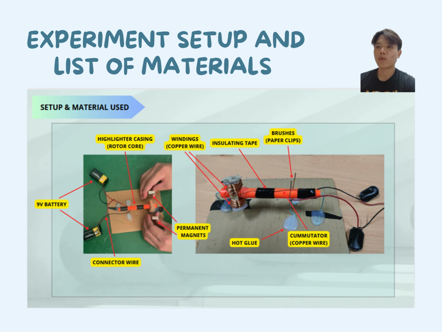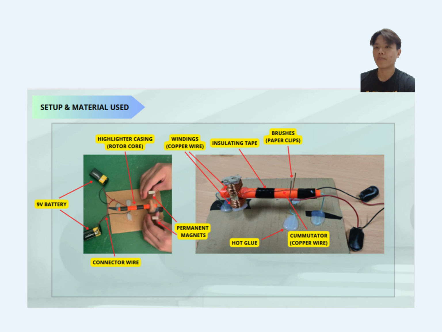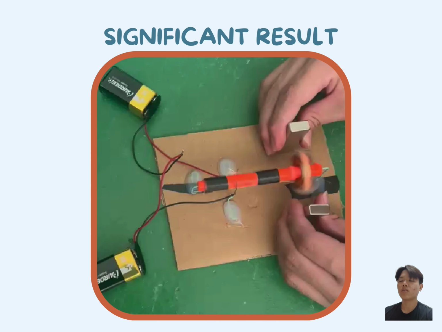For the windings, we used copper wires and insulating tape to fix the commutators and axles. A hot glue gun was used to fix the brushes, and the commutator was also created using copper wire, and also the brushes that we made from paper clips. This is the result of our machine assembly, and here is the video of the machine operation.